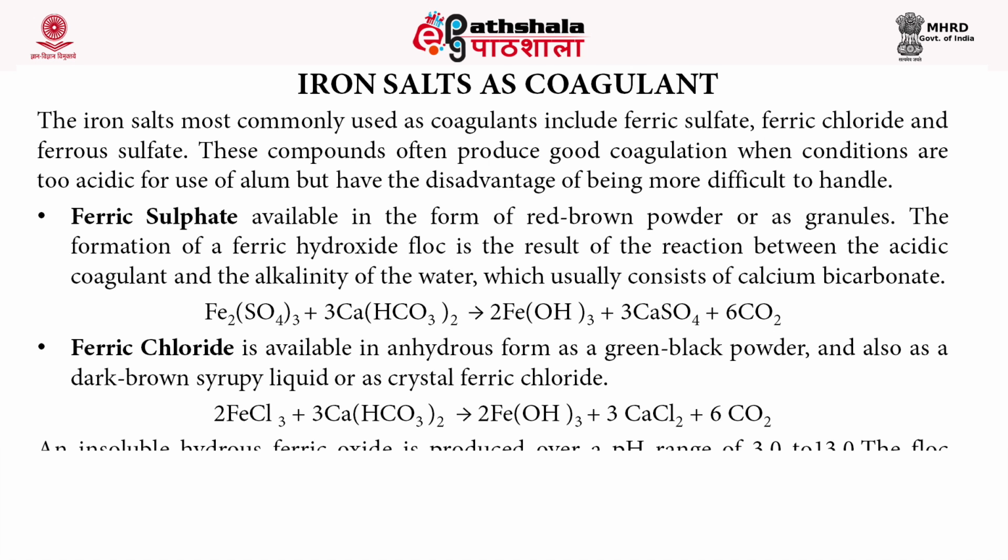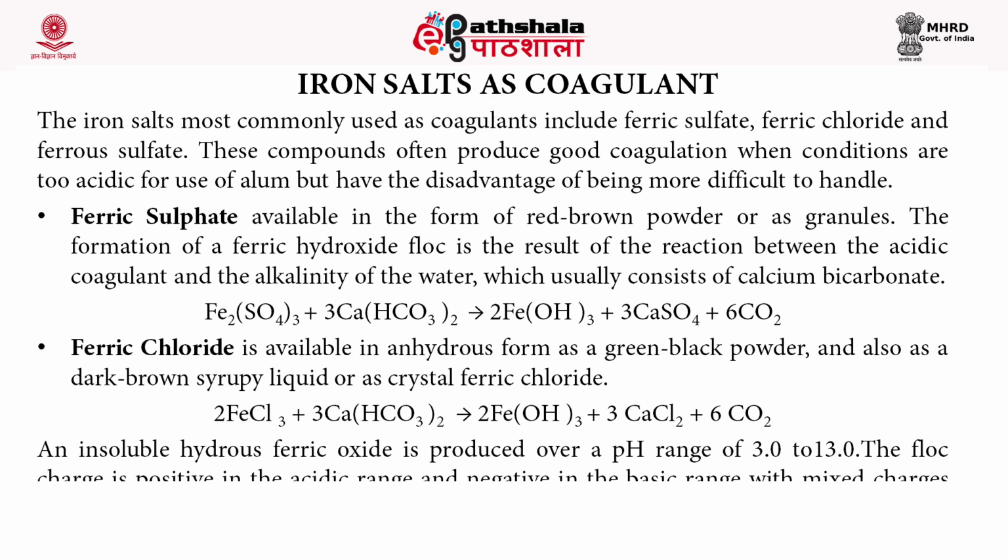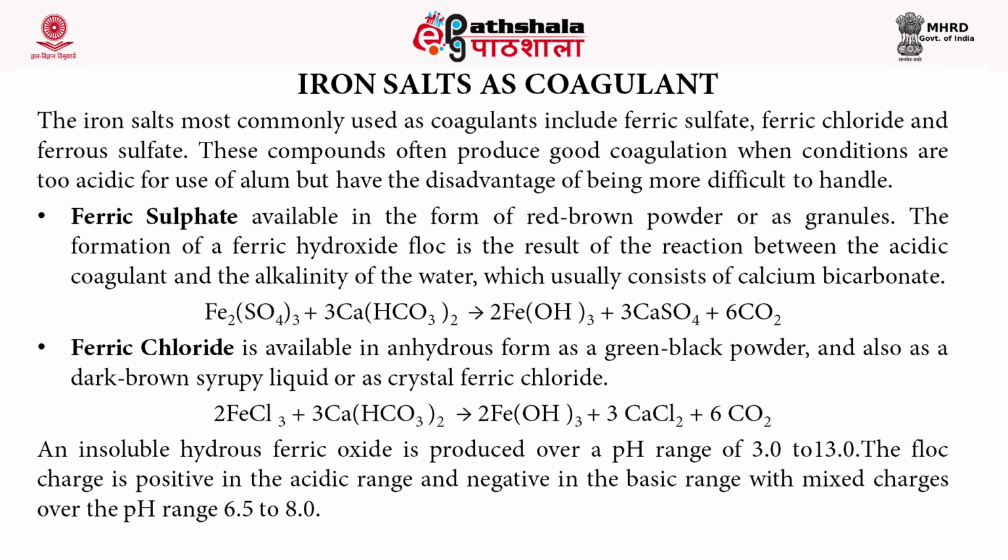This insoluble hydrous ferric oxide is produced over a pH range of 3 to 13. The floc charge is positive in the acidic range and negative in the basic range, and mixed charges are there over the pH range of 6.5 to 8.